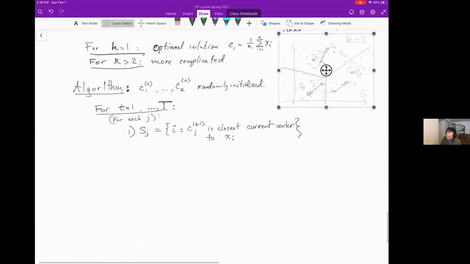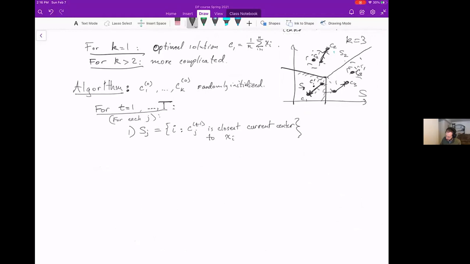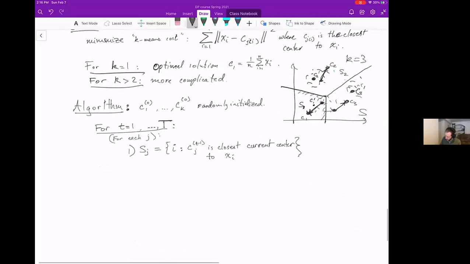All right, that's the picture you should have in mind. We lost the colors, but that's okay. Now we're going to compute new cluster centers, which means computing averages. Let nj be the number of points in Sj, and aj be the sum of the points in Sj.